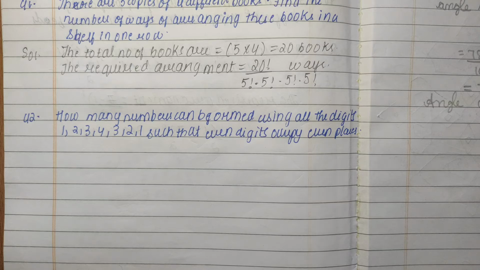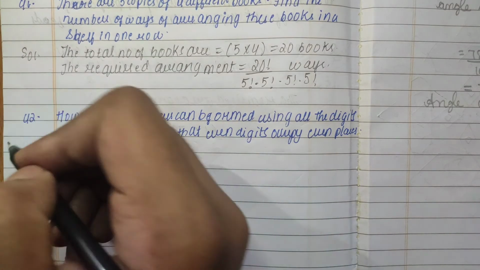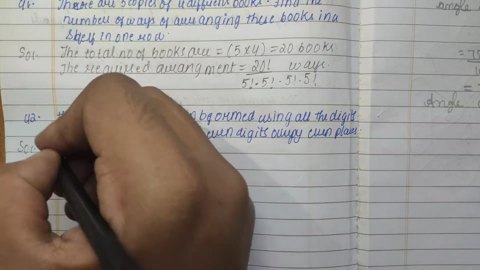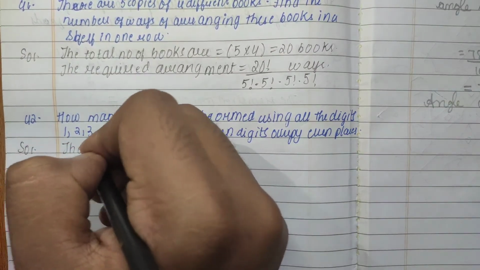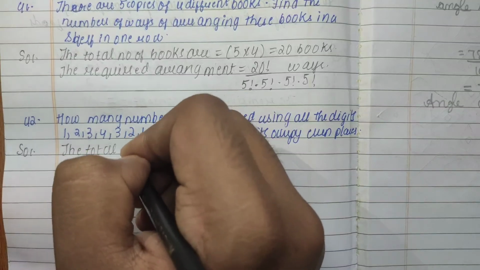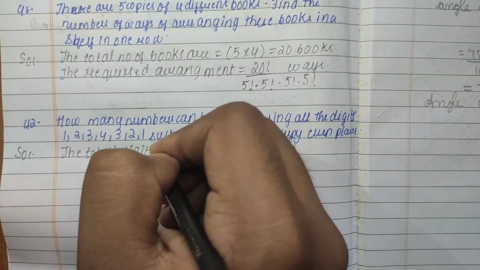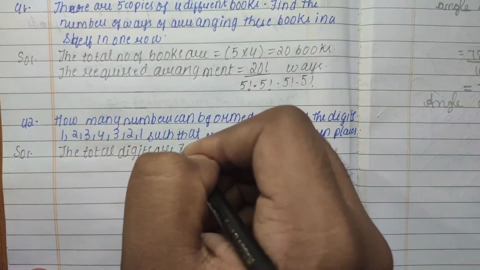Now let's go to the 42nd problem, which is given that how many numbers can be formed using all the digits 1, 2, 3, 4, 3, 2, 1 such that even digits occupy even places. Solution. The total digits are 7.